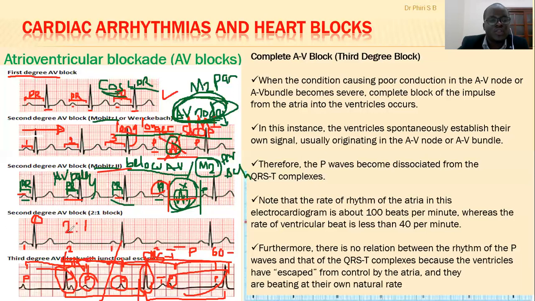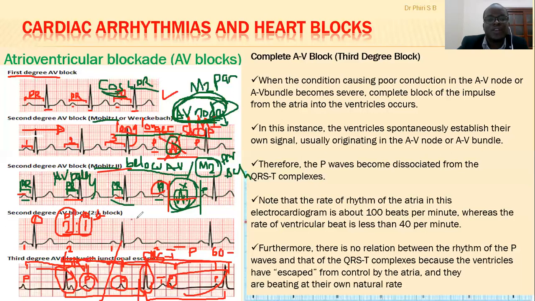So it's also called second degree AV block 2 to 1. It means you have 2 P waves, then only 1 QRS complex. So it's Mobitz type 2, but 2 to 1, meaning that for every 2 P waves, you only have 1 QRS complex.